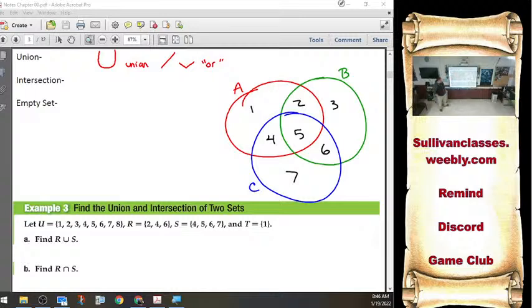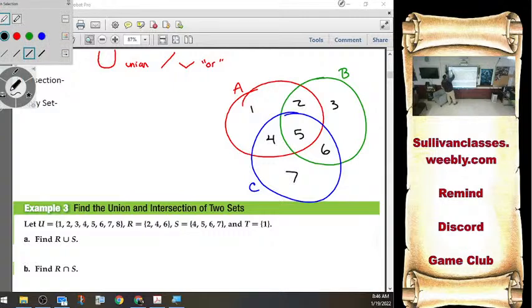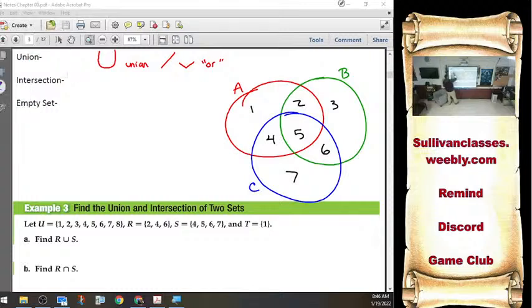Okay, union. Union is the OR of the math world of sets. If I asked for, for example, A union C, that means everything that's in A or C. Think I want to go to the basketball game tomorrow night, so mom says I have to wash the dishes or clean my room.